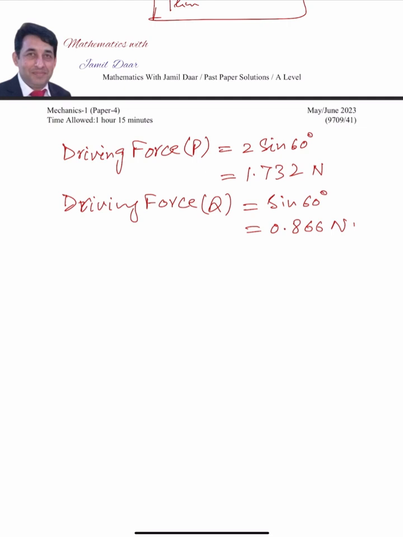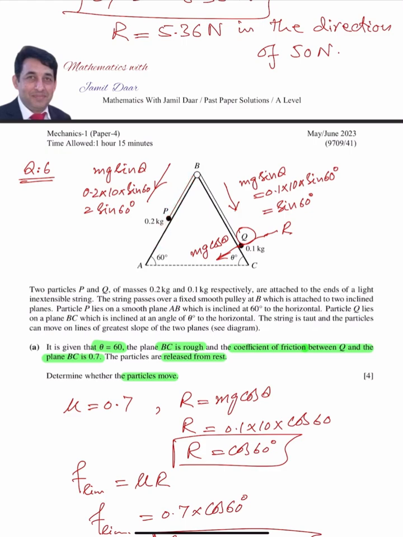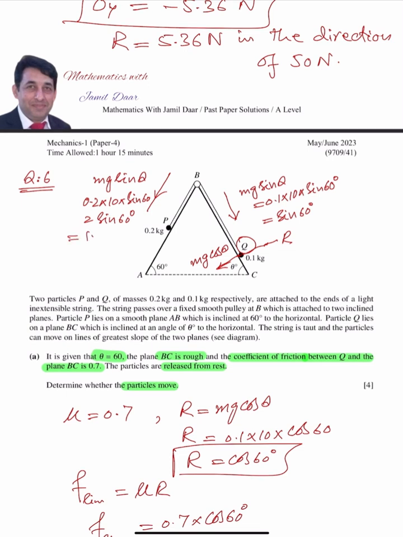Okay, so as the force towards P is more than this, it will try to move downwards because this is more than that. This is 1.732 Newton, and this is 0.866 Newton. So this force is less than this.